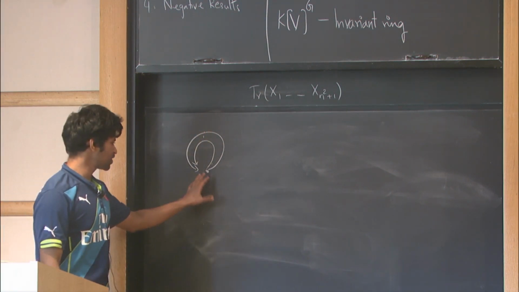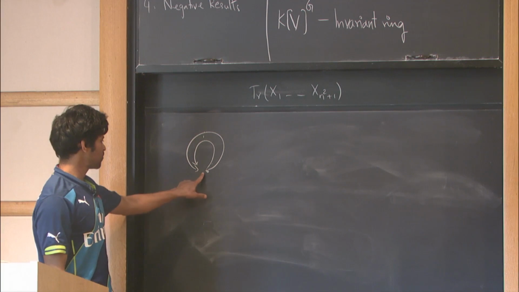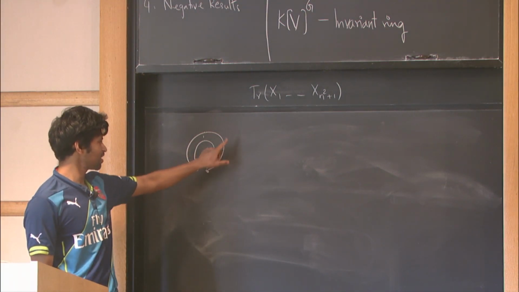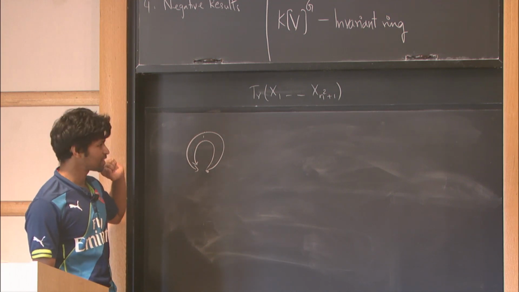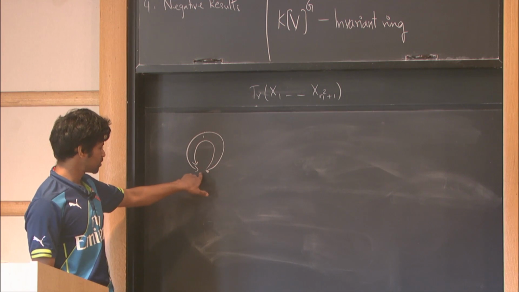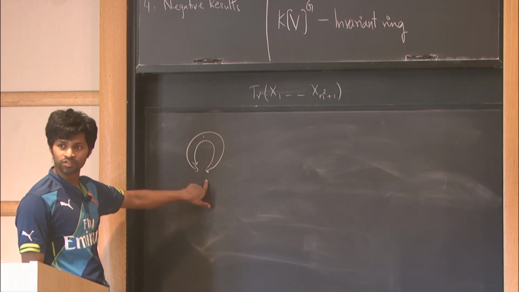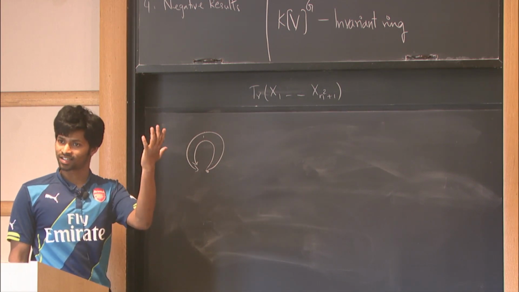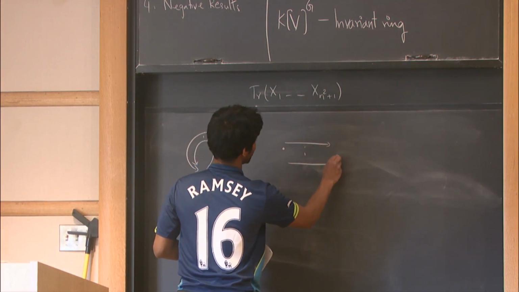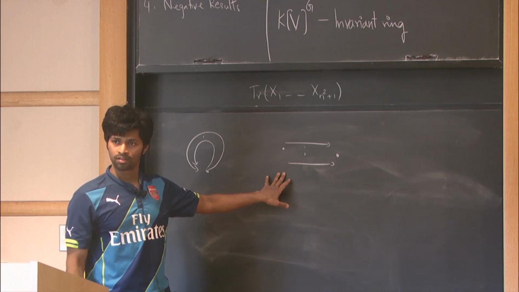So a quiver is something where you have a bunch of vertices and arrows. If you have one vertex and a bunch of arrows, the representation of it is you put a vector space here and a matrix for each arrow. So that's m matrices, and the symmetry action is the general linear group of this vertex. That's how matrix invariants act. But if you want matrix semi-invariants, you take this quiver.